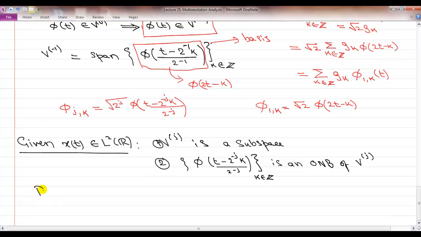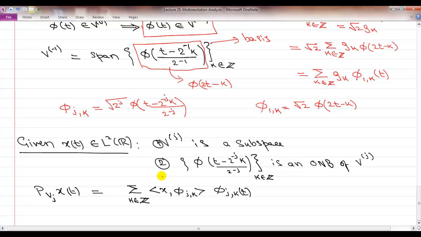So if I want to compute the projection of my x of t on Vj, that is simply given by the sum over k of the inner products of my x with the basis functions, which I'll call phi jk, times phi jk of t, where k belongs to all possible integers.